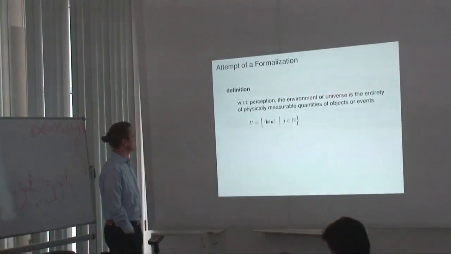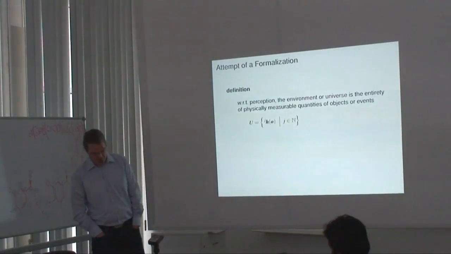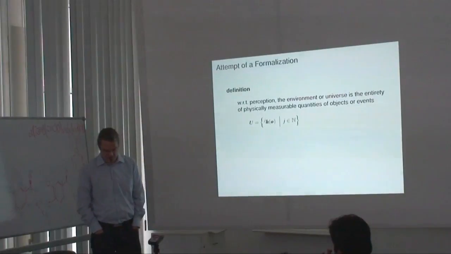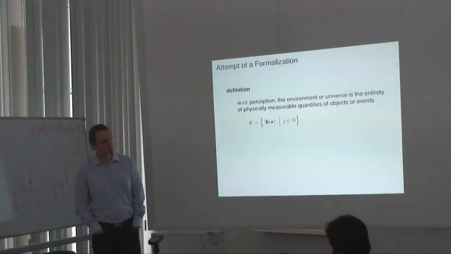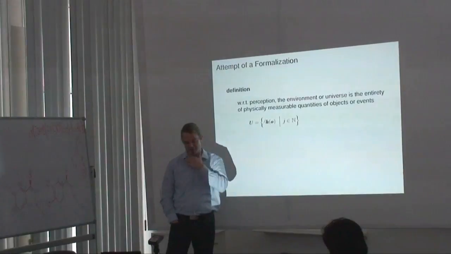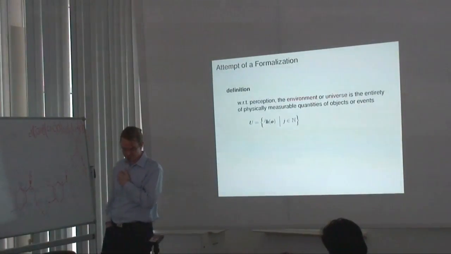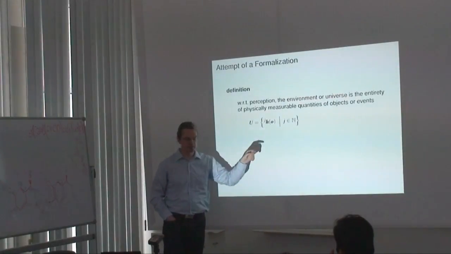Is this a definition? When we say that with respect to perception, the environment or universe is the entirety of physically measurable quantities of objects or events. So the important word is actually perception, even though I have shown environment and universe in red, because environment or universe is what I'm defining here.